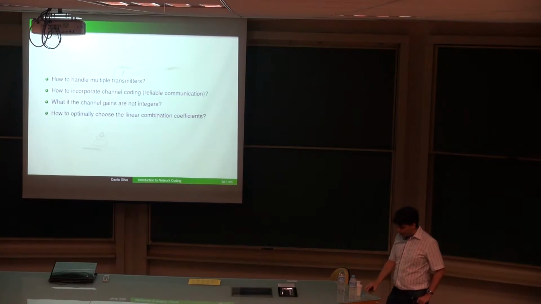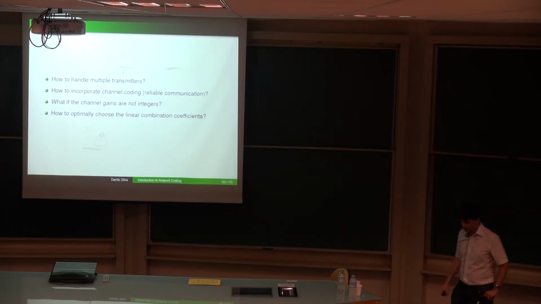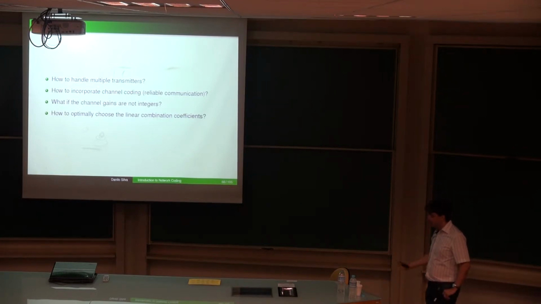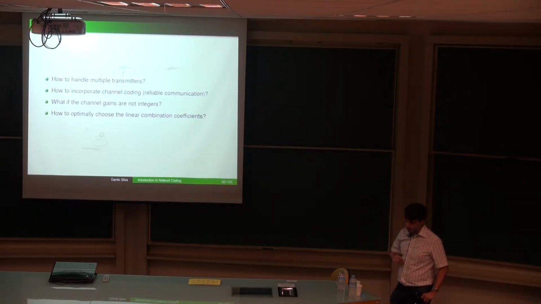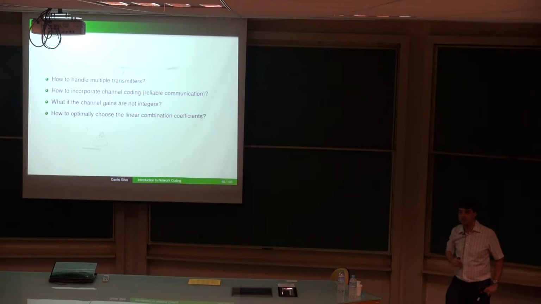So now, some challenges that you encounter. First of all, how do you handle multiple transmitters? We talked about 2 transmitters. We also want reliable communication. We're always doing uncoded modulation, but we want reliable communication. So vanishingly small probability of error, so we have to incorporate channel coding somehow.